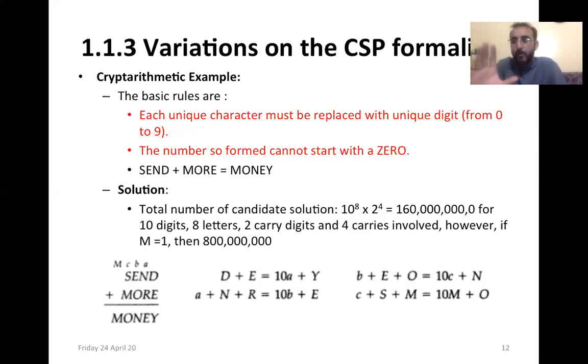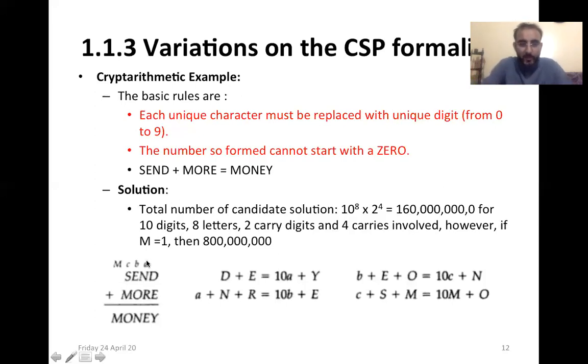So D plus E is equal to 10A plus Y. This is not necessary for the solution of this problem, but if you have this knowledge, then you can use it to find your solution quickly. This is the advantage of the mathematics that you already have in your head.